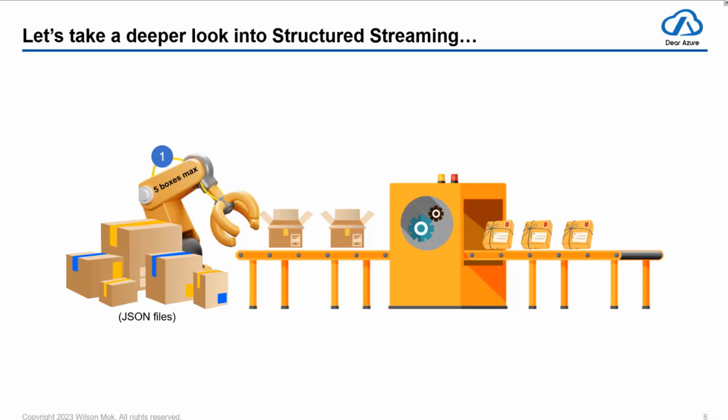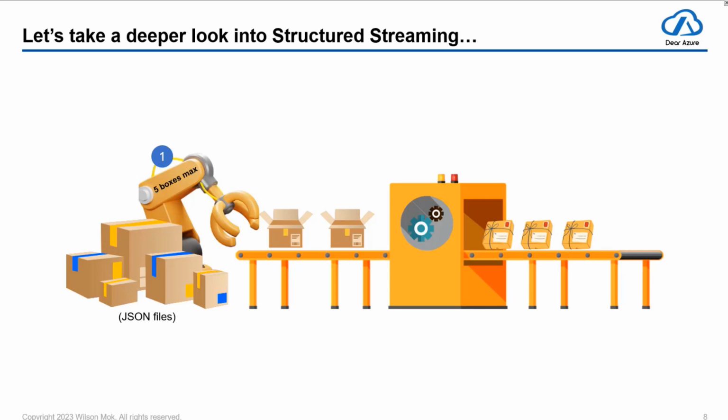Structured streaming can be explained in a very easy way using a conveyor belt system. In this conveyor system, we have a machine that puts the boxes onto the conveyor belt, and each box going through the machine will be repackaged into smaller packages, like what you see on the right here.